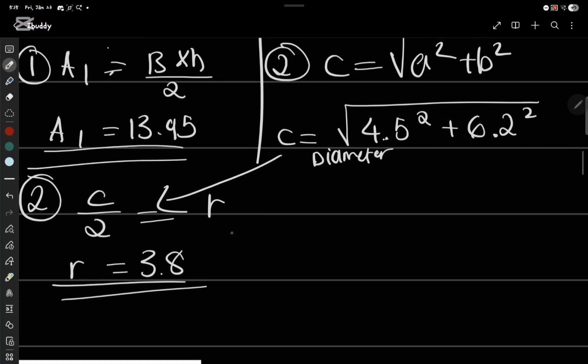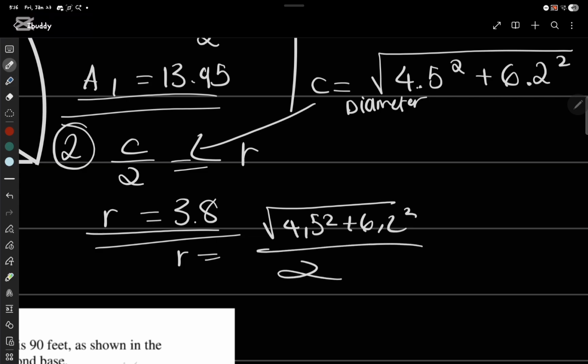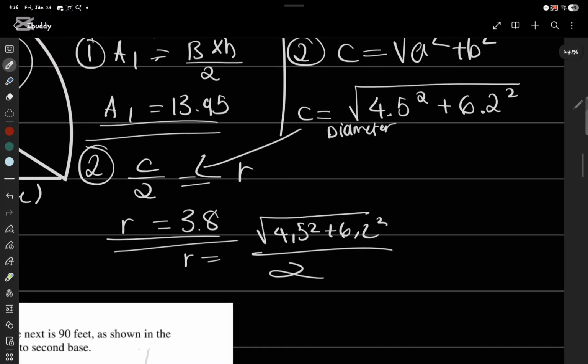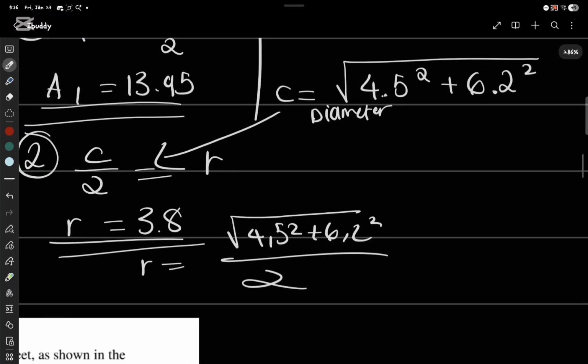Or you can say that R equals that whole fraction. Or if you have a Casio calculator, there will be an answer key.